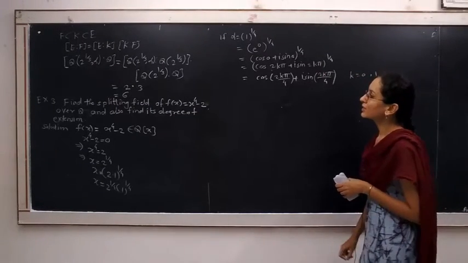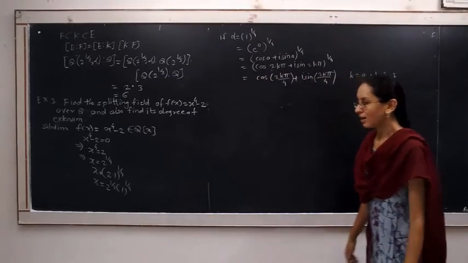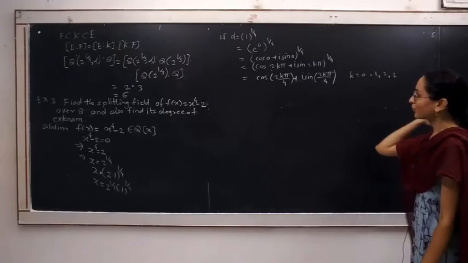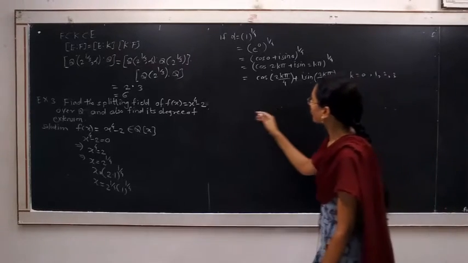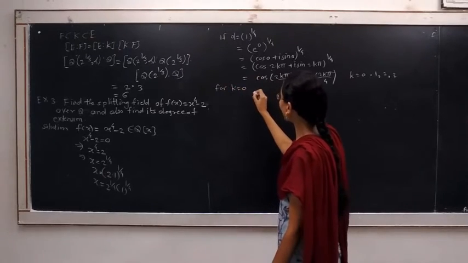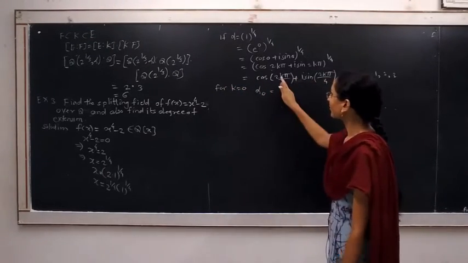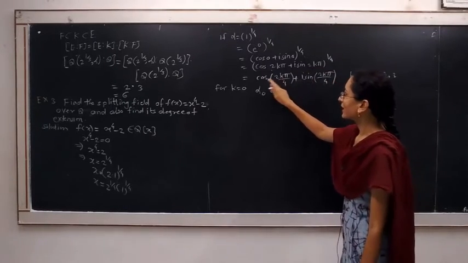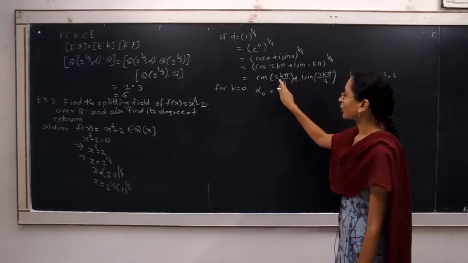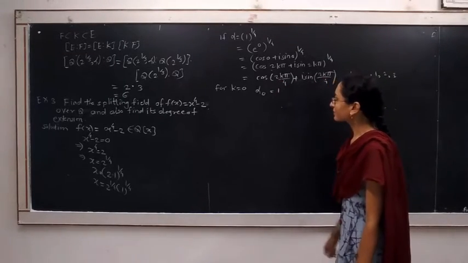There are 4 values because this is the 4th root of unity, therefore k takes only 4 values. For k = 0, suppose the value of alpha is alpha 0. We get cos 0 + i sin 0; cos 0 is 1, sin 0 is 0, therefore alpha 0 is 1.